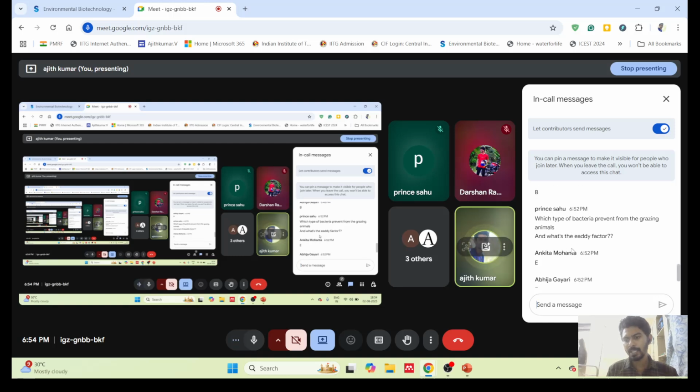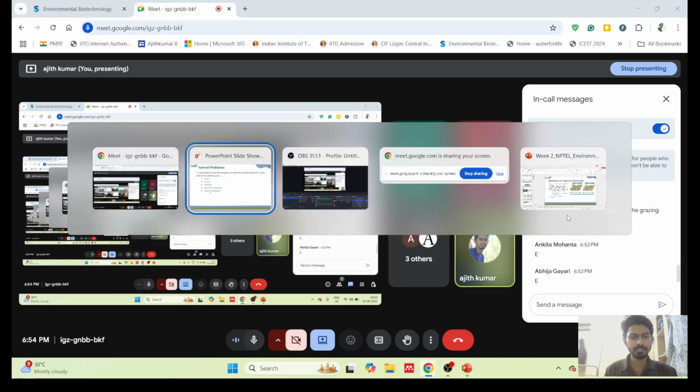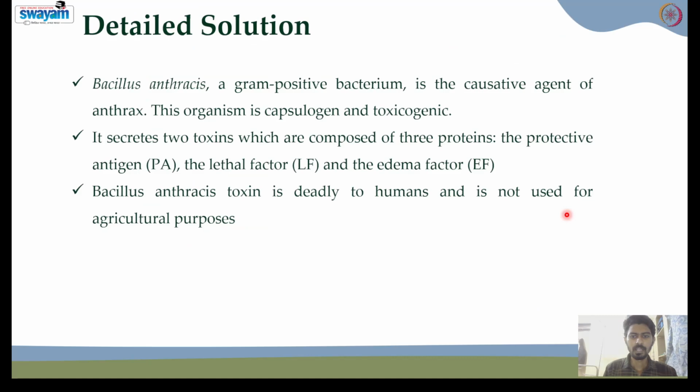Friends, what type of bacteria prevents grazing animals? In order to prevent grazing animals, we can use Enterobacteria and other species. And what's the edema factor? These are all the components. If you see the toxins, this is one of the proteins in the Bacillus anthracis toxins.